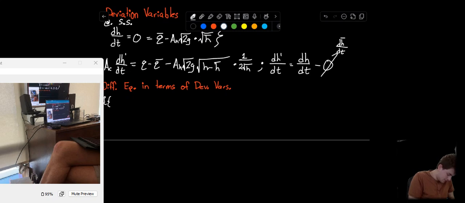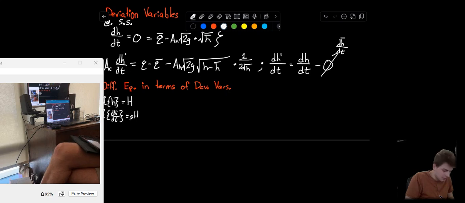So, for example, L of regular h is going to turn into capital H. L of dh prime over dt is going to give us sH, right?